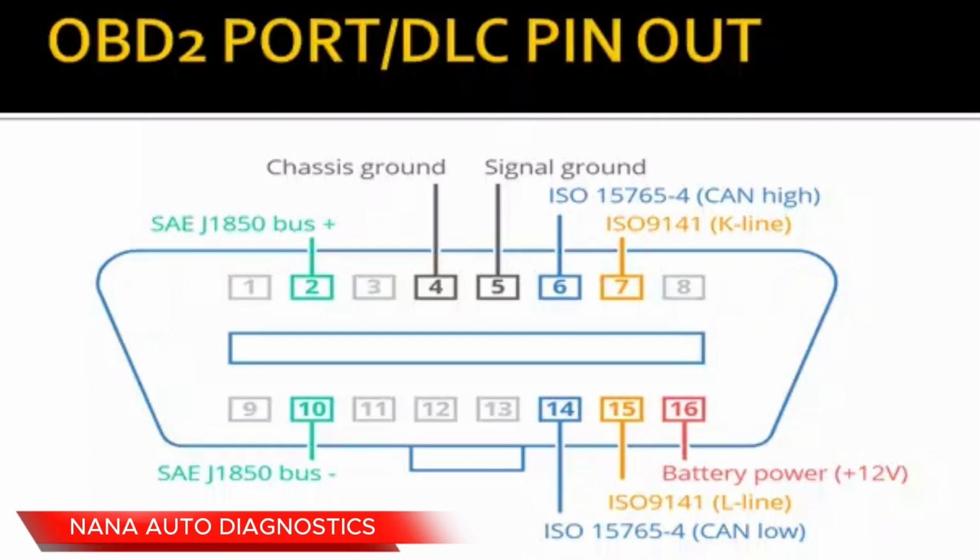Then pin number 4 is for chassis ground, pin number 5 is for signal ground, pin number 6 is for CAN high, and 14 for CAN low. Then pin 7 is the K line, pin 15 is the L line, and pin 16 is for battery power. So that is the DLC, or what we know as the OBD2 port.